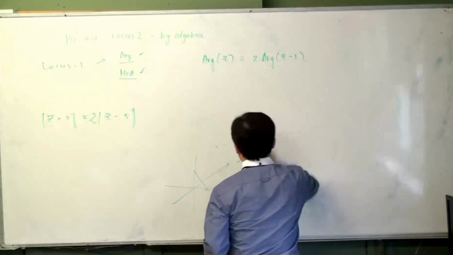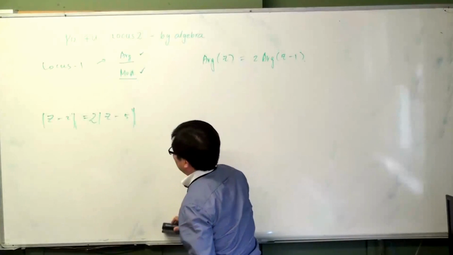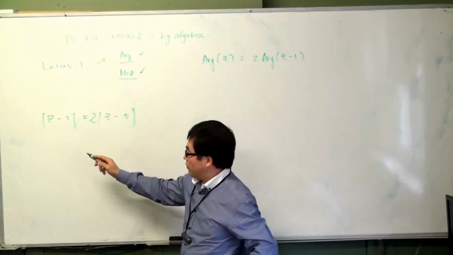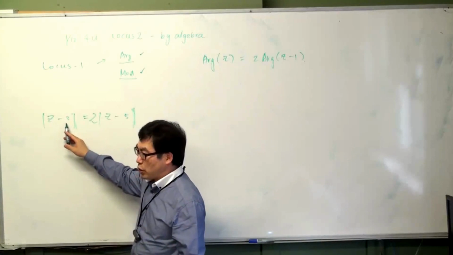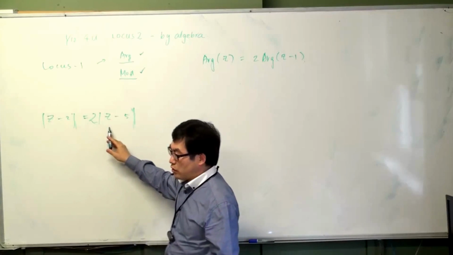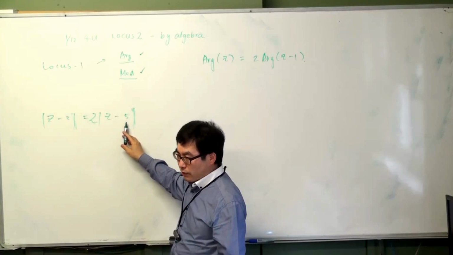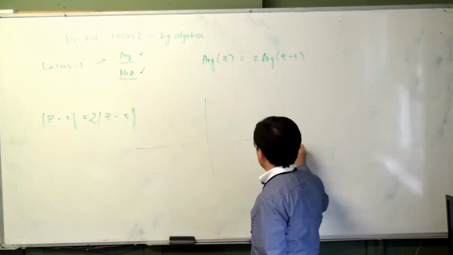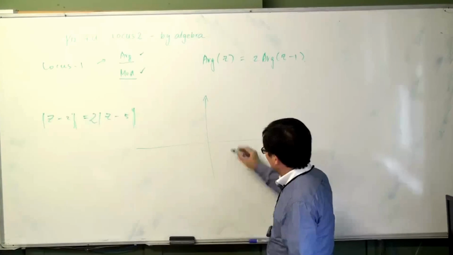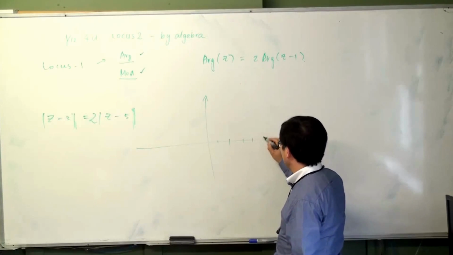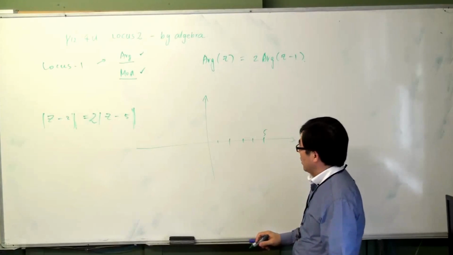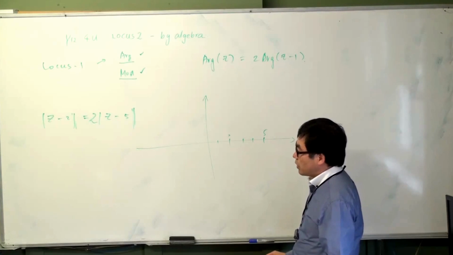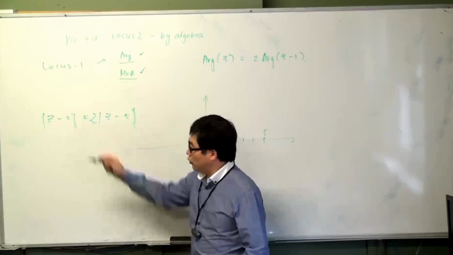Okay. In this case, again, our interpretation will be that the distance from 2 is twice the distance from 5. We did a similar question last week. So we have 2 here and 5 here. So the point is close to 5 or 2?